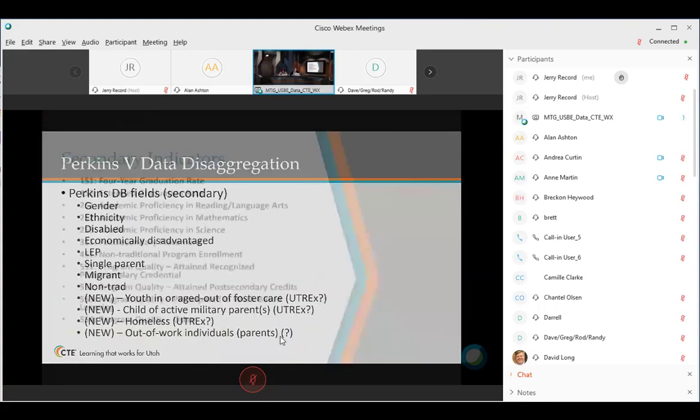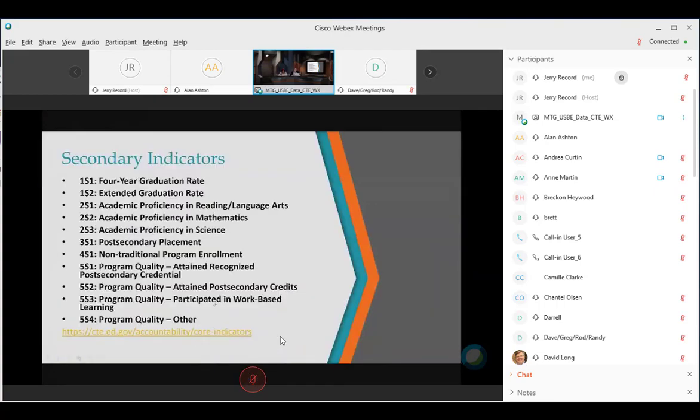She said on these post-secondary right here, these two, 5S1, 5S2, is that what your question's referring to? Yes, it's whether they attained it at the secondary level.